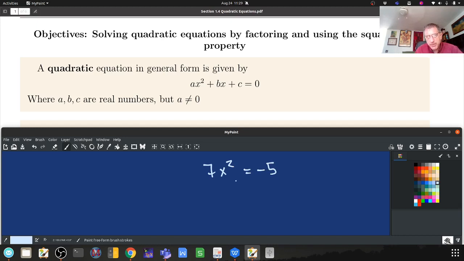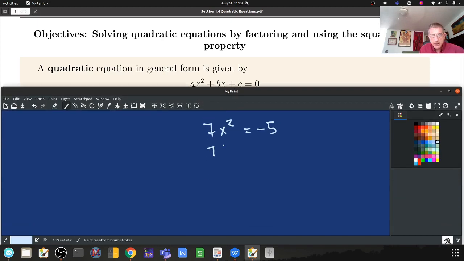Because it can be converted into the form ax squared plus bx plus c equal to 0, by just taking the 5 and moving it over.